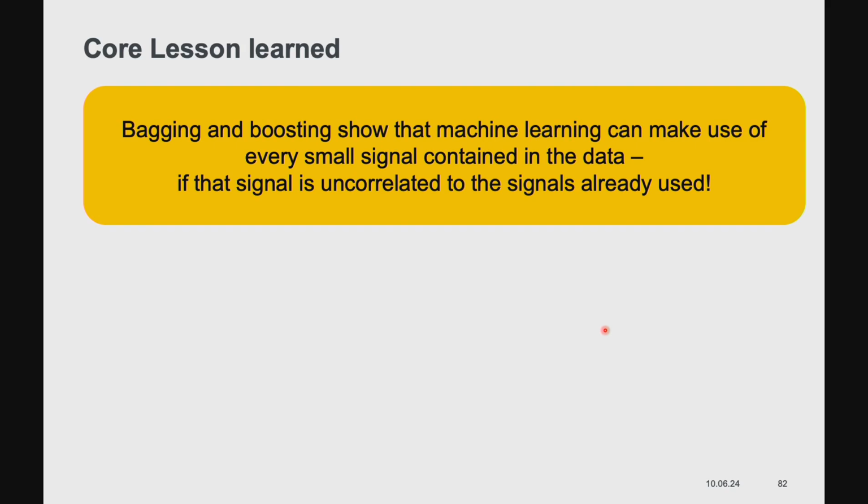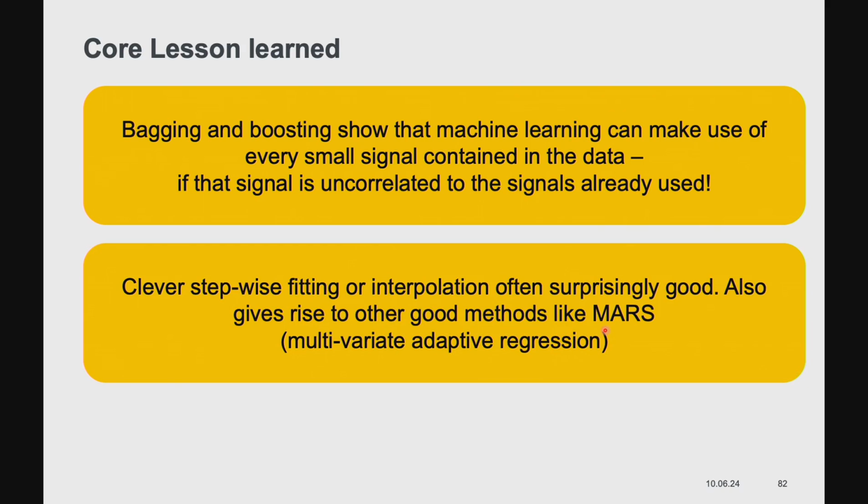You try to use small signals in order to improve your models. And quite often when you can find different ways to exploit small signals, then your machine learning results will be good, provided that these small signals contain some truthful content of what you want to predict. Simple stepwise fitting or interpolation is often super good.